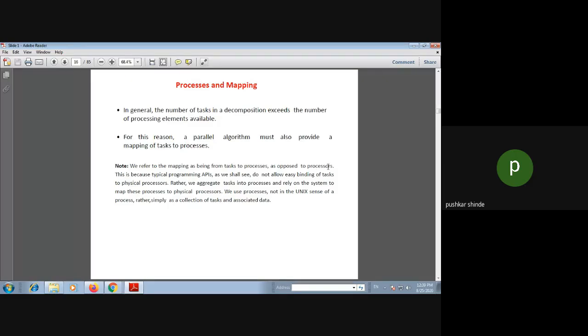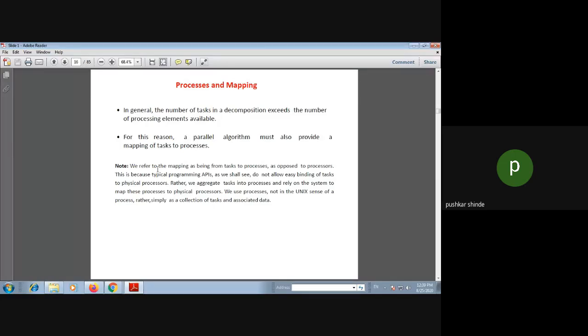So tasks are mapped to processes, not directly to processors. This is because typically programming APIs, as we shall see, do not allow easy binding of tasks to physical processors. So it is difficult in programming to directly bind a task to a physical processor.